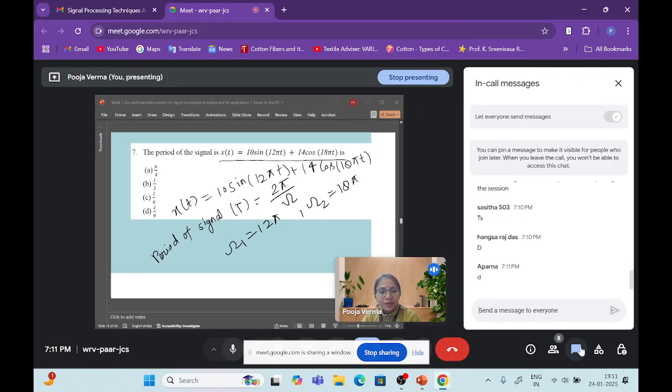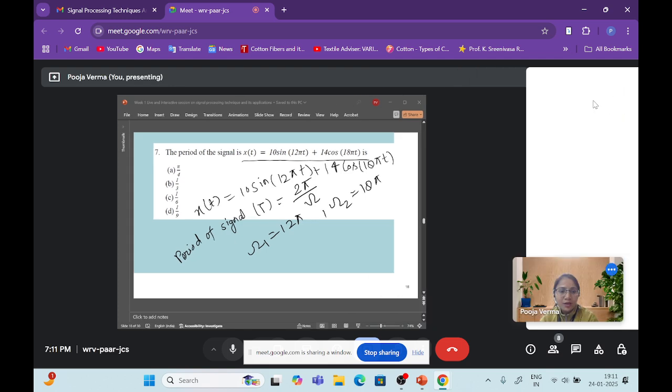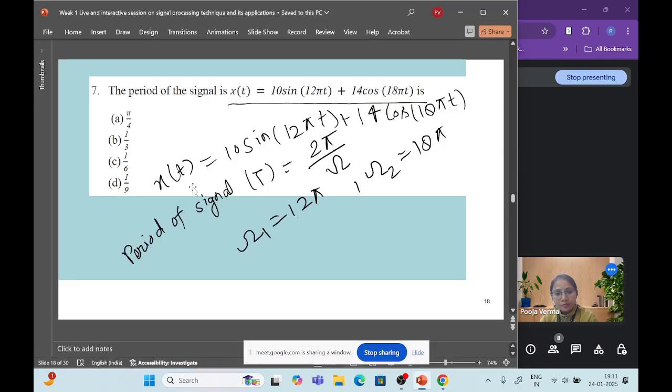We can solve it in two ways. Whatever you feel comfortable with, you can solve it. From here, T1 is 2 pi by omega 1, so 2 pi by 12 pi, we will get 1 by 6.